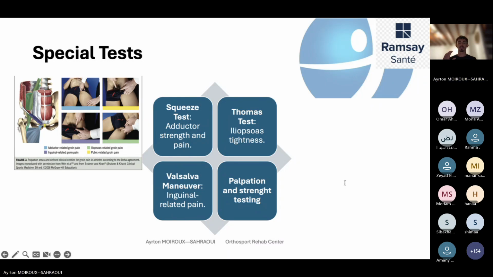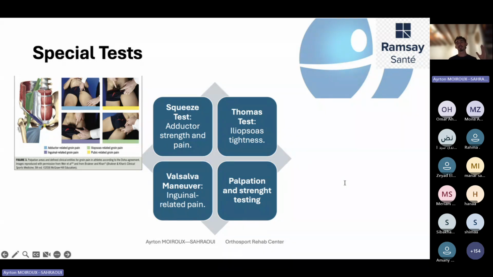Always, in all the testing, you need to compare with the good leg. Then the Valsalva maneuver. Okay, if it increases the pain, you must think inguinal related pain. And of course, like I said before, palpation and strength testing.